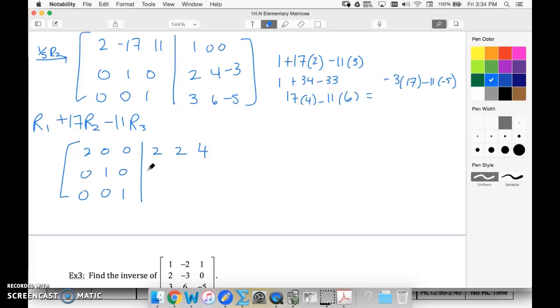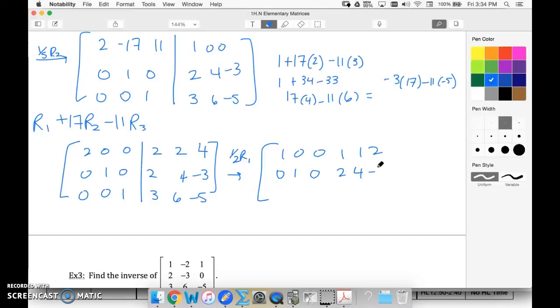My other rows stay the same because I didn't do any row operations to them. Final step, I'm going to half my row 1. So 1, 0, 0, 1, 1, 2, 0, 1, 0, 2, 4, negative 3, 0, 0, 1, 3, 6, negative 5. All right, so now I've got my identity matrix and I have my A inverse.